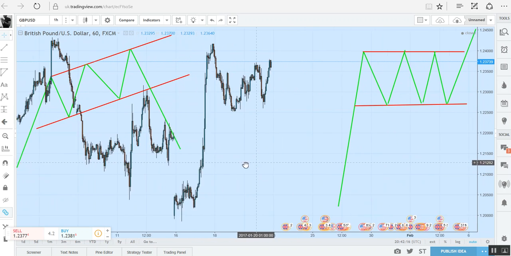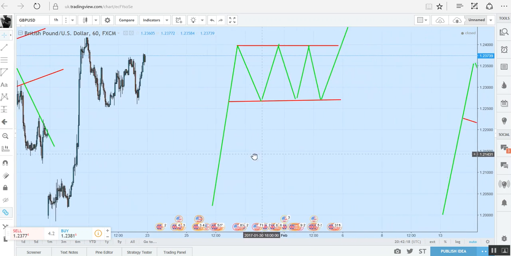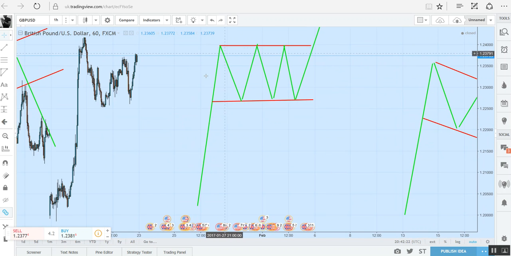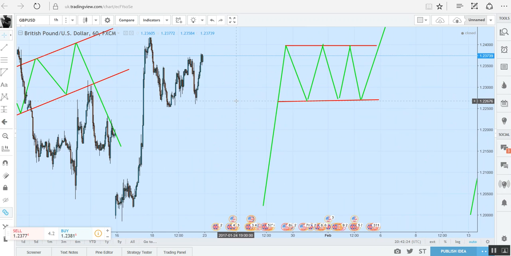But the next move is to wait for the market to make this type of consolidation, either this one or this one, and then we can expect the market to rally in order to complete our bat pattern that I just showed you on the daily chart, or to go back into the previous structure support, which is now going to be resistance.